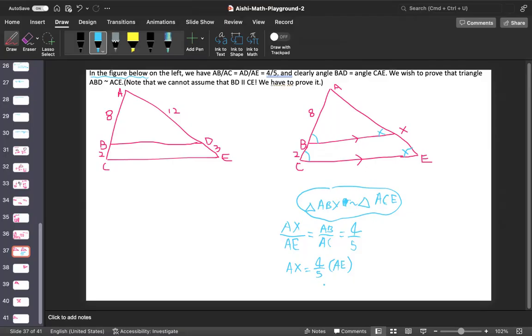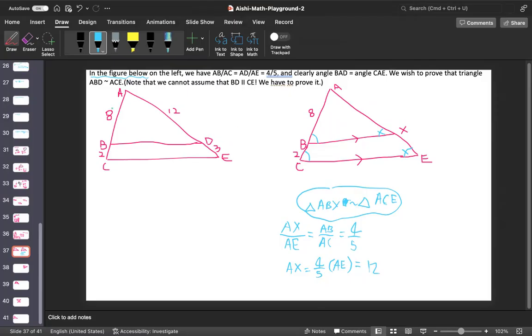We don't know the exact lengths in the triangle, whether it's 12 and 3 or 5 and 10, but we do know that AE is 15. So AX is equal to 4/5 of AE, which is 12. Then AX is the same length as AD, which proves that D is the same point as X.